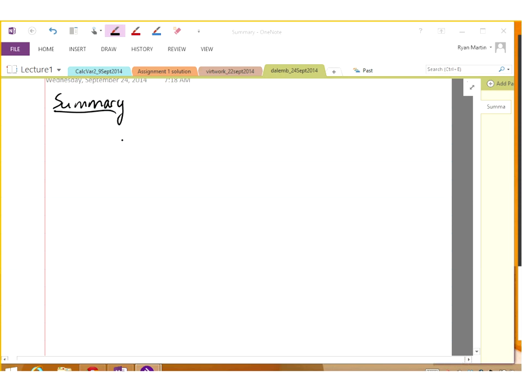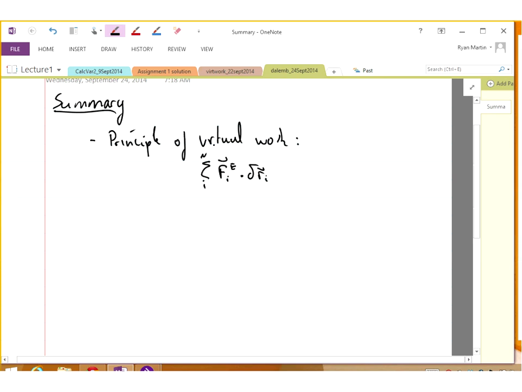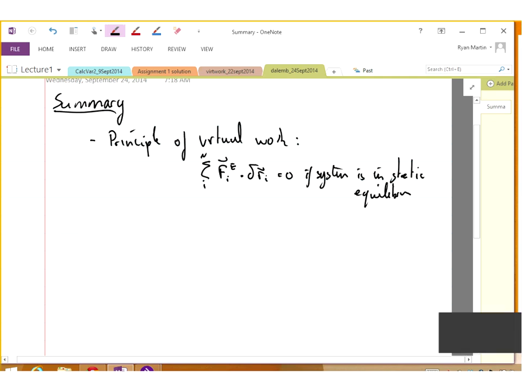The principle of virtual work stated that the sum of the virtual works for a set of external forces, from i to N, where you have capital N external forces, is equal to 0 if the system is in static equilibrium. Where this delta r was a virtual displacement.